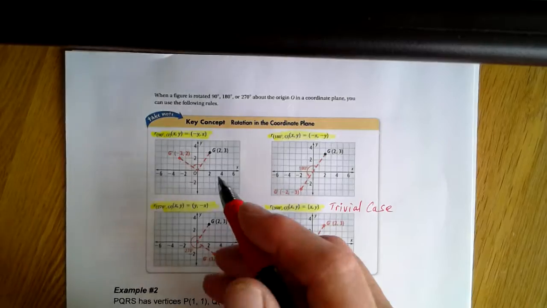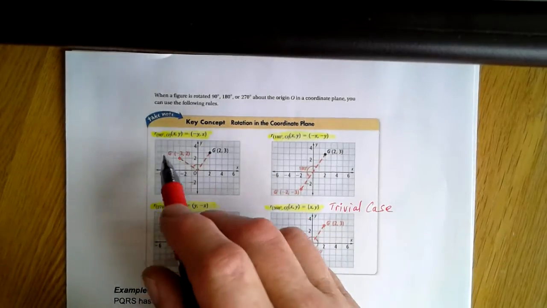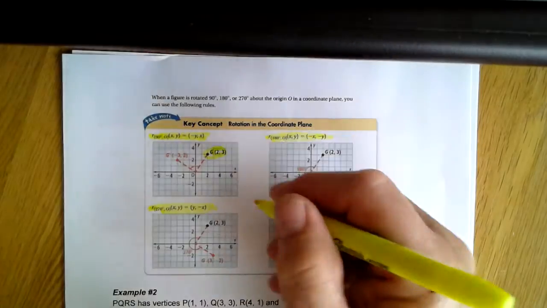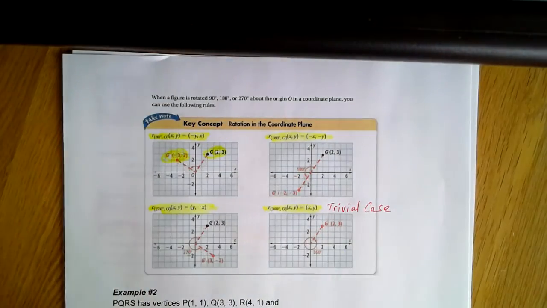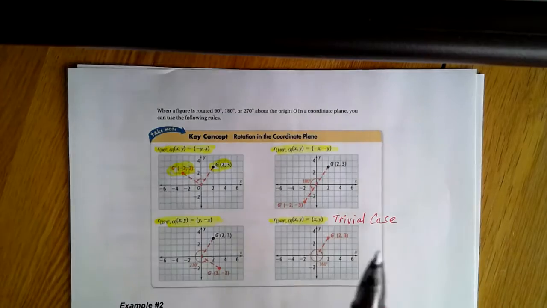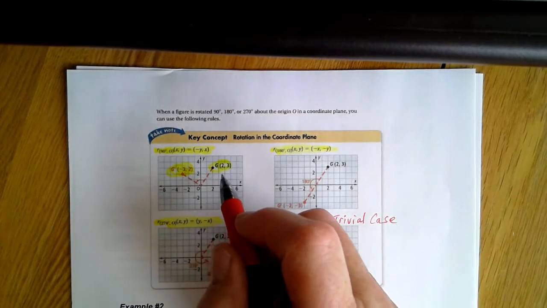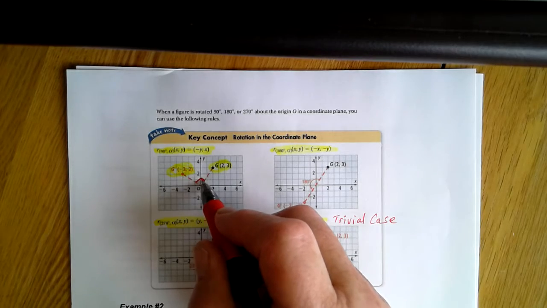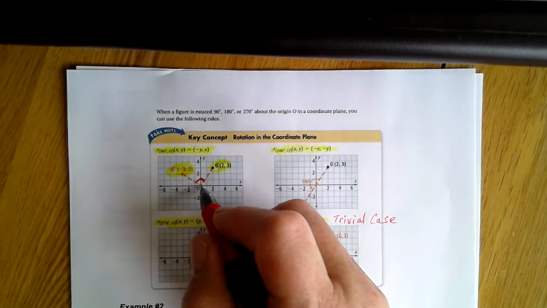But here's the deal. If we look over here, we have G and we have G prime. G is going to be our pre-image, and G prime is going to be our image. Okay? Look at the points. For a 90 degree rotation, by the way, this is 90 degrees. Okay? 90 degrees with the origin.